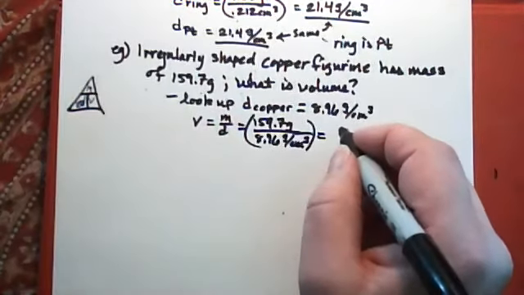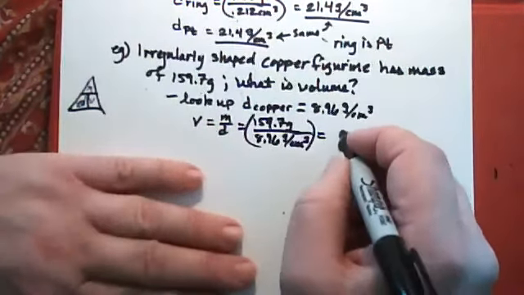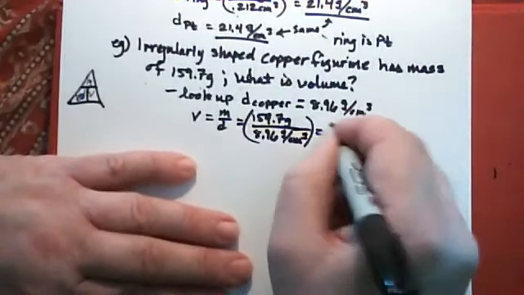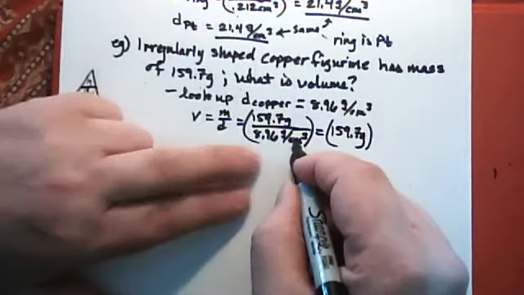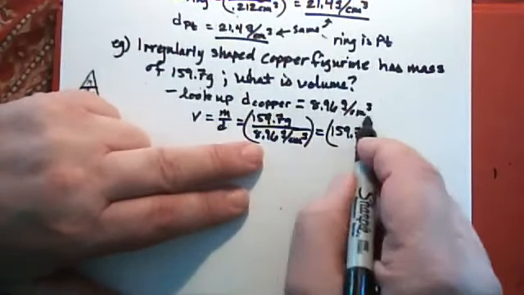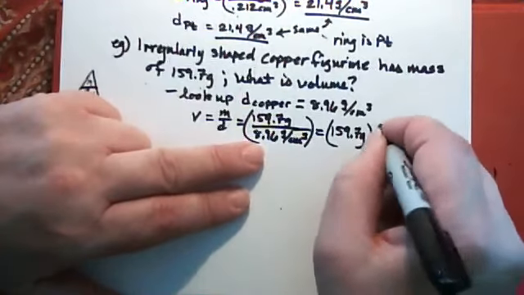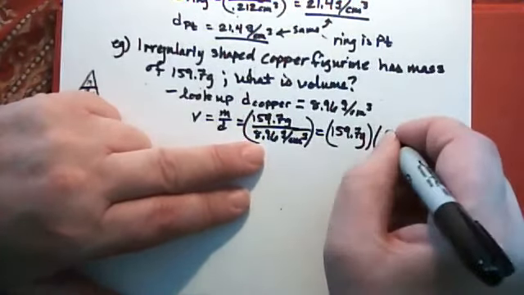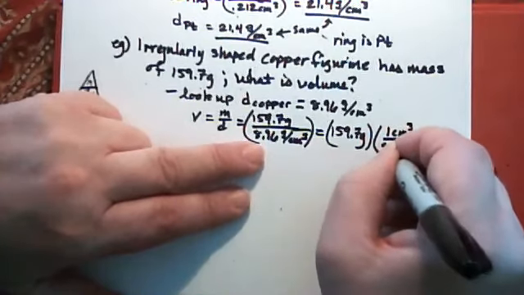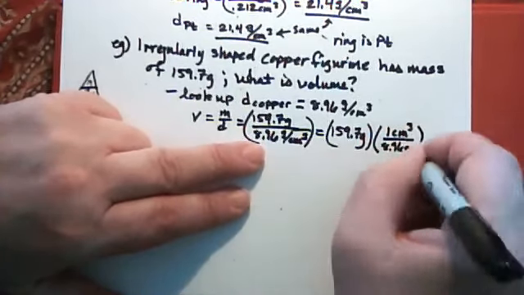Mathematically, to look at what's happening with the units here, you might want to rewrite this as 159.7 grams times 1 over the density. So if the density is 8.96 grams per cubic centimeter, 1 over the density would be the fact that there's 1 cubic centimeter for every 8.96 grams.